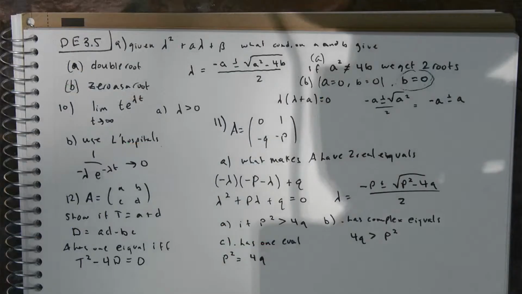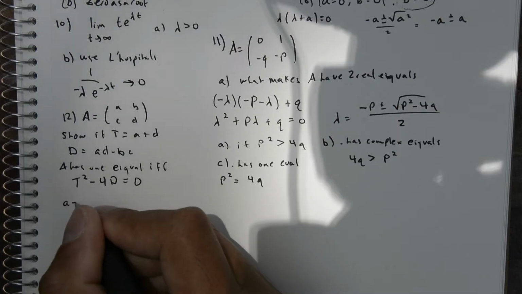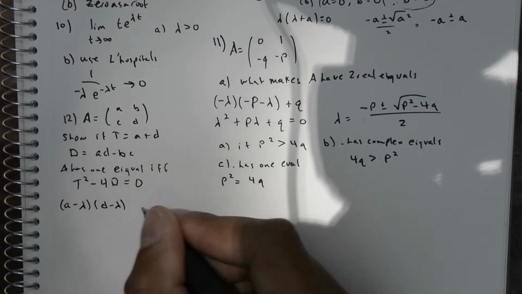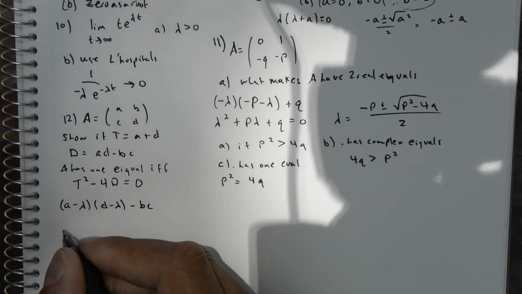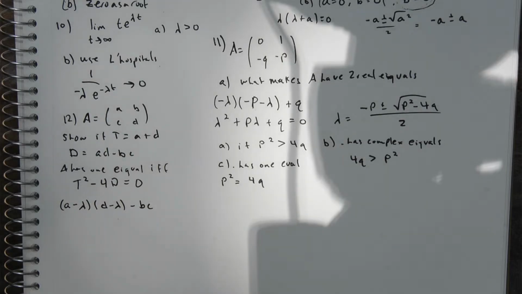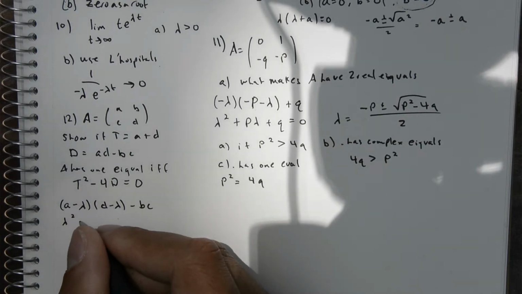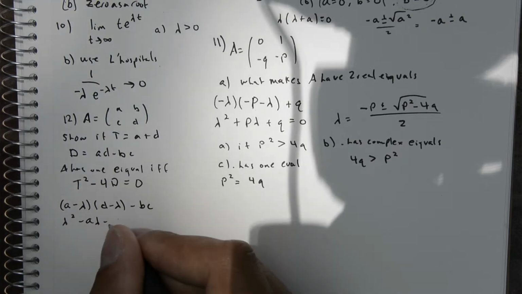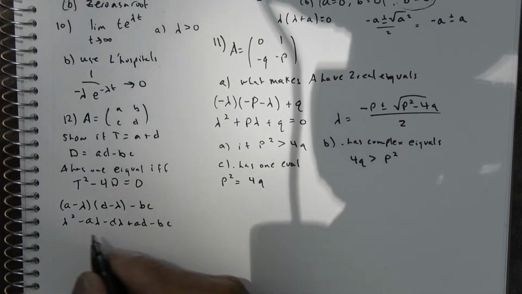Okay, we'll switch over here. So a minus lambda times d minus lambda minus bc. This actually is going to get really messy, but that's okay. We get lambda squared minus a lambda minus d lambda plus ad minus bc.